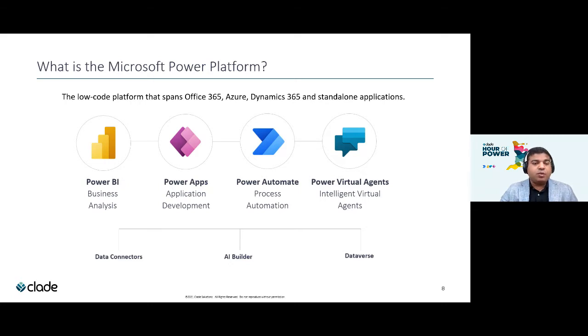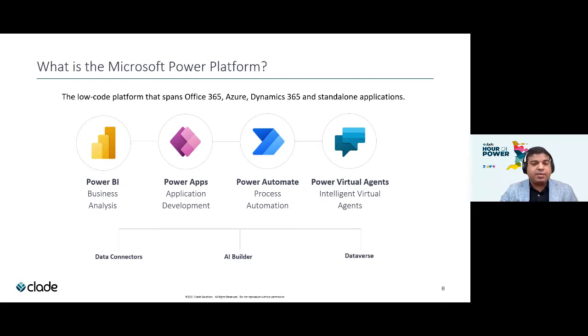Power Automate is an automation solution. So if you have very repetitive tasks that you need to do, if something happens and you want to send an email, or automatically create some records, anything like that, you can use Power Automate. Power Automate has about, I think, 400 plus connectors to all sorts of platforms.